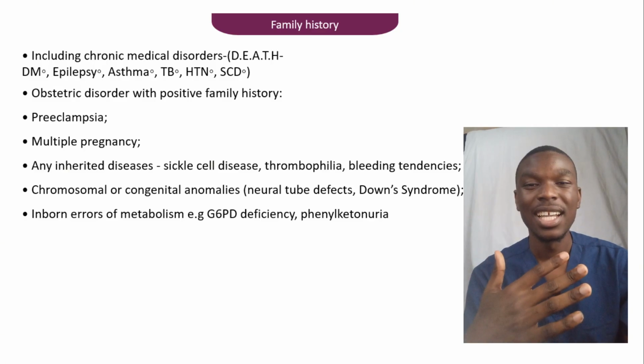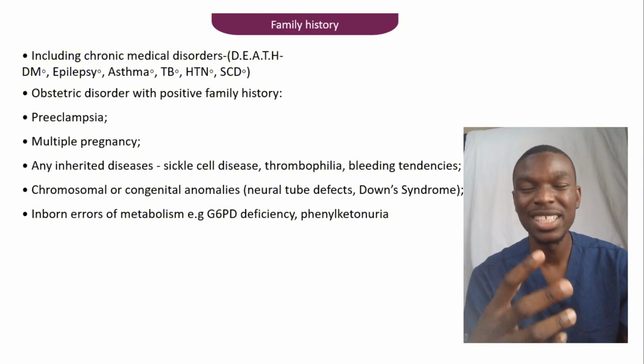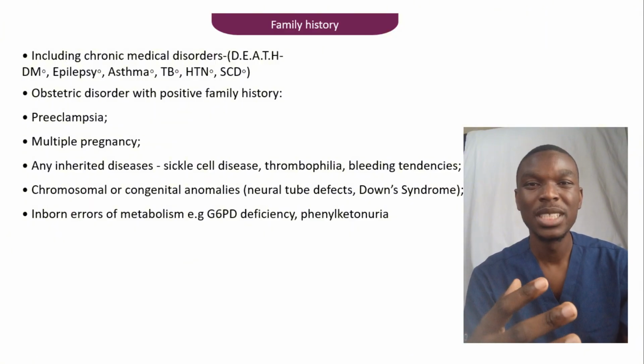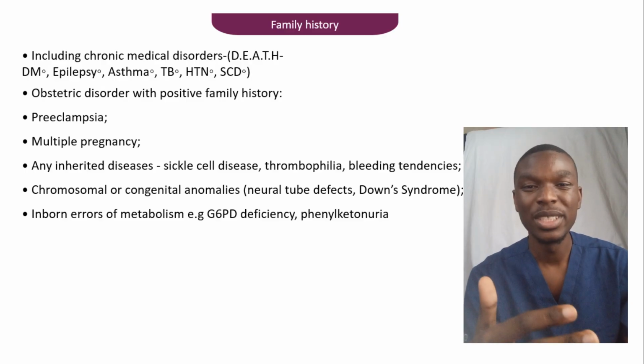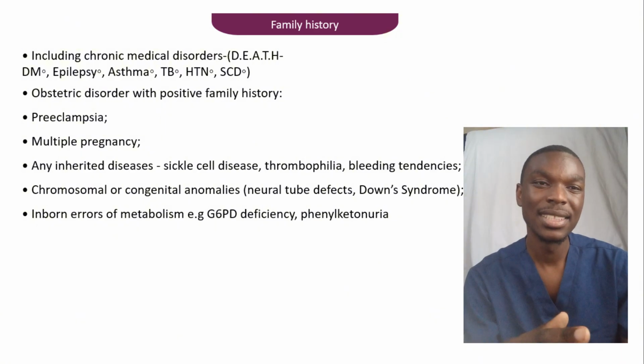For example, everyone in the family, all the aunties and the sisters, have C-sections. If you have such a history for this patient, you may want to plan for a C-section as one of the alternatives of delivery for this client.